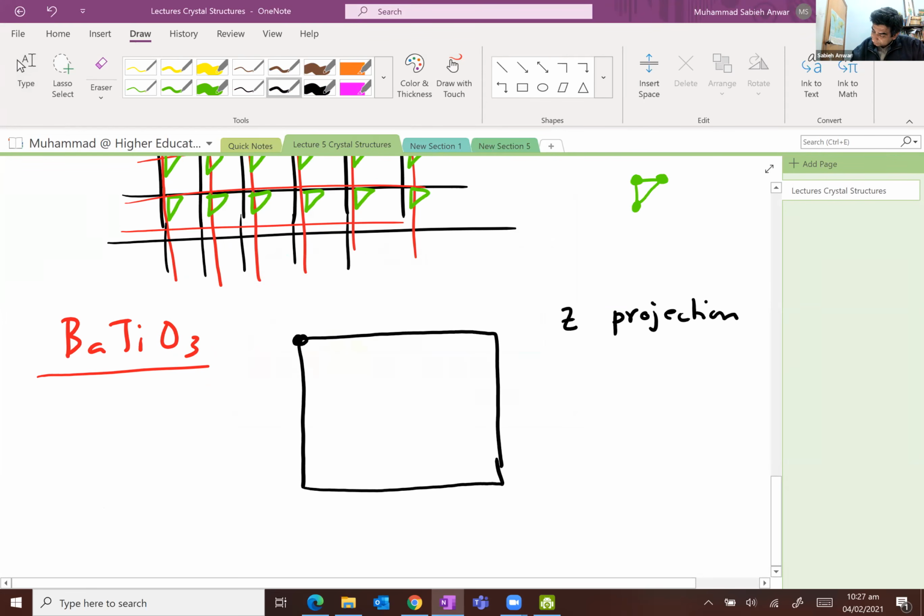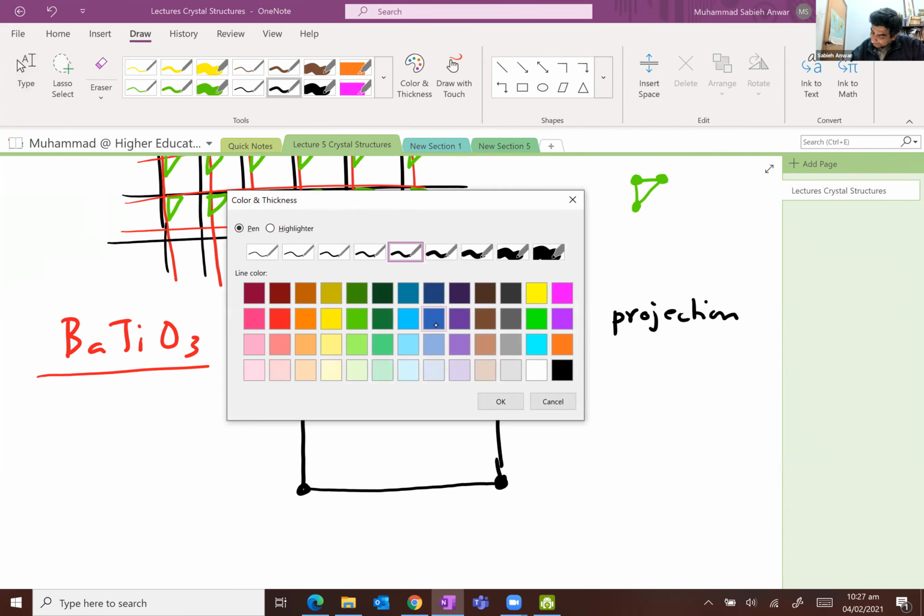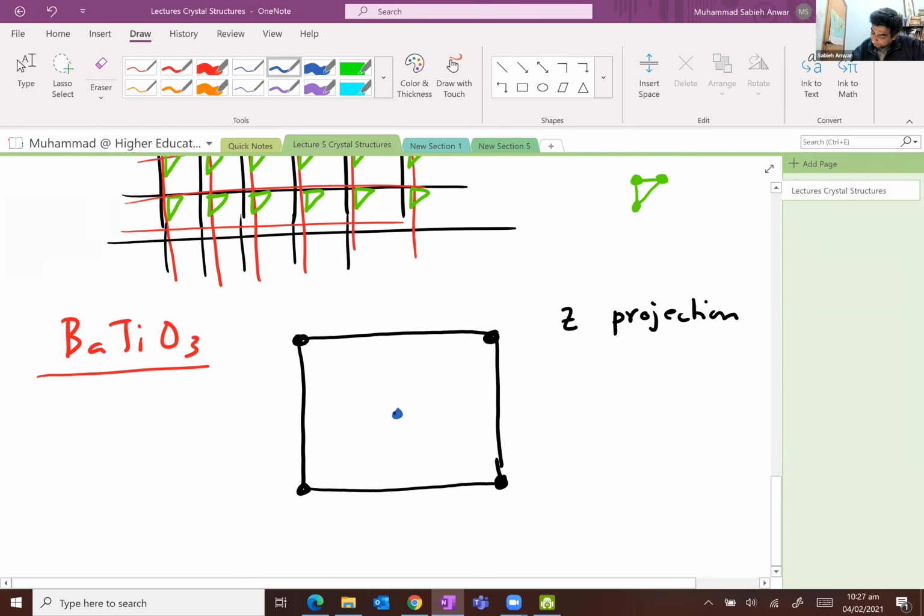The barium here at the edges in the basal plane. There is a titanium in the exact body centered position, even though it's not a body centered lattice, but at the center of the body, there is a titanium at an elevation of 1/2.